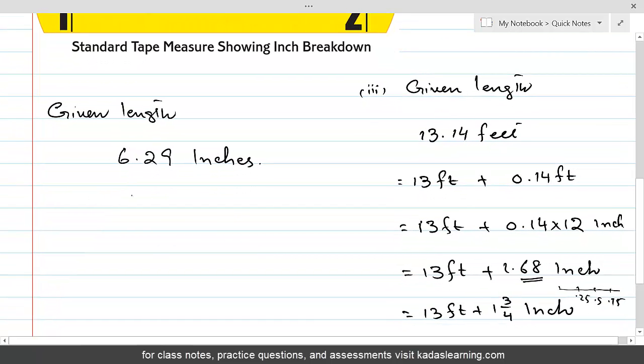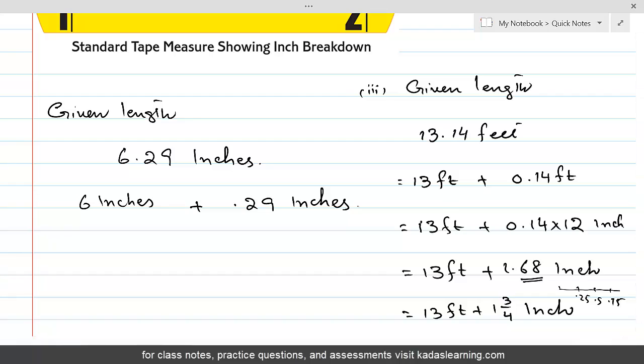We'll separate the whole part of inches, which is 6 inches, and we separate the fractional part of an inch, which is 0.29 inches. Now we want this 0.29 inches, meaning the fraction of an inch, to be accurate to 1/16 of an inch.